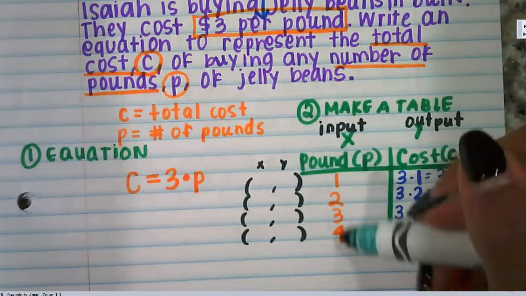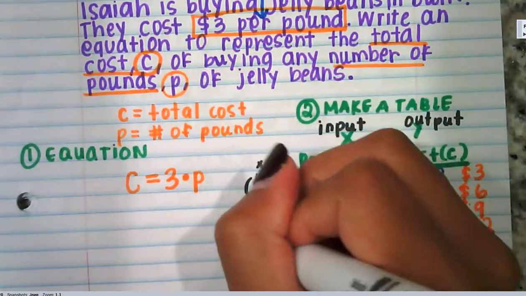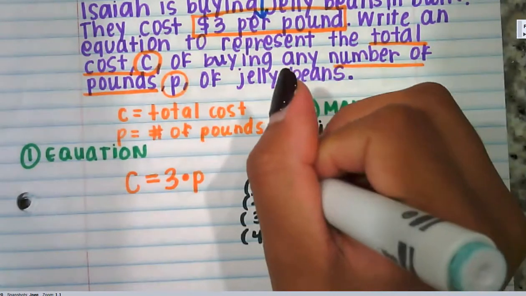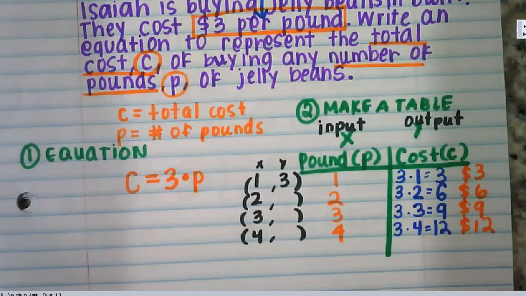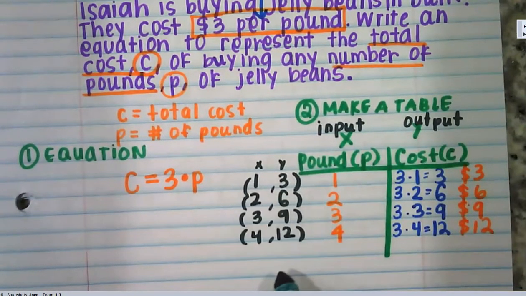Our x value here is our input. The values we're going to use are 1, 2, 3, and 4. And our y values, our cost, is 1 pound, $3, 2 pounds, $6, 3 pounds, $9, 4 pounds, $12. So we have our ordered pairs.